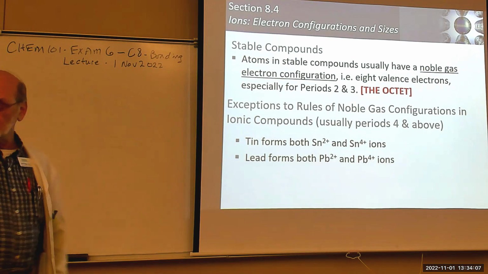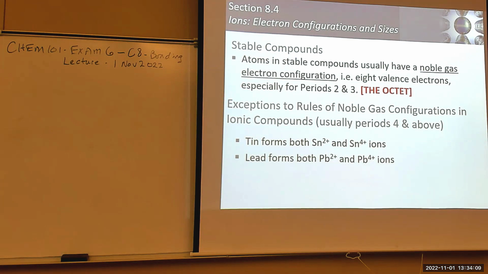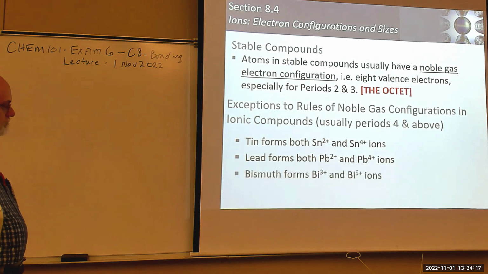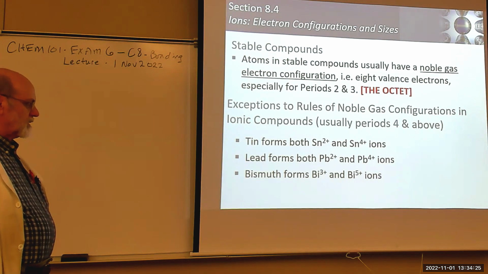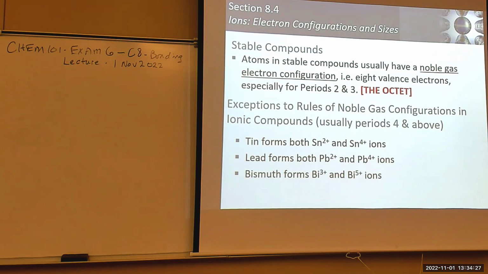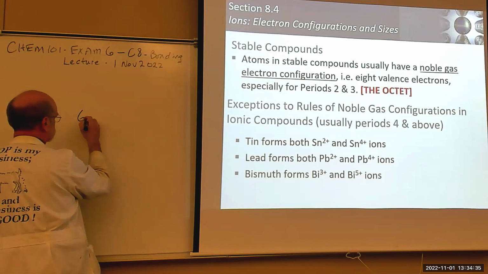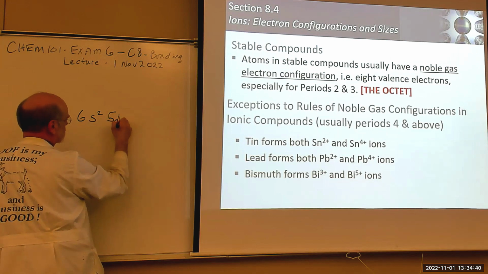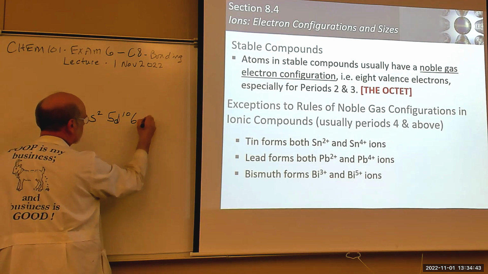And similarly, lead. Let's see, tin. Yeah, they're in the same group. Tin and lead are in the same group, so they have the same number of valence electrons. Bismuth is to the right of lead. So bismuth would have, let's see, 1, 2, 3, 4, 5, 6, would have a 6s2 and a 5d10 and a 6p3.